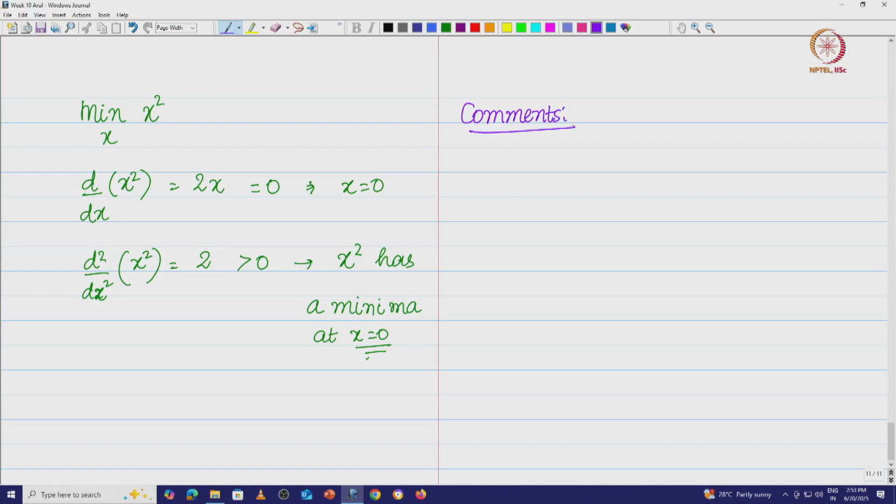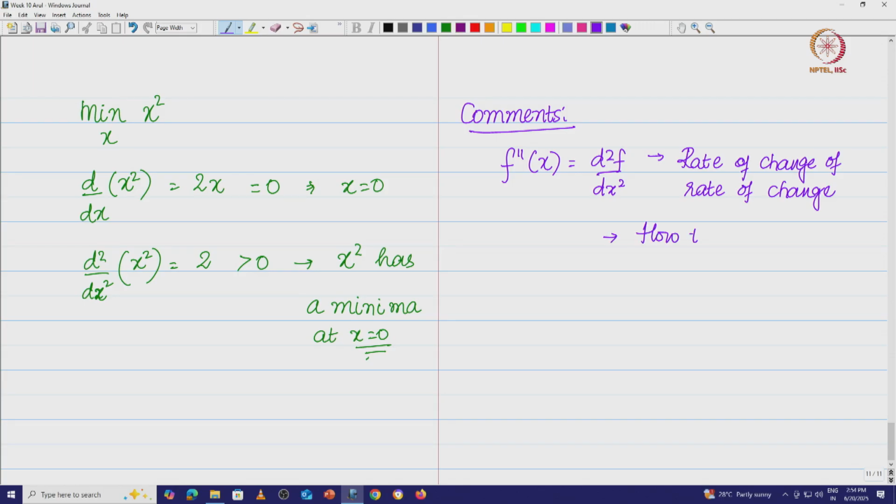In fact, f double dash of x, which is nothing but d square f by dx square, is basically the rate of change of rate of change. Right. Basically, it tells us how the slope is changing.